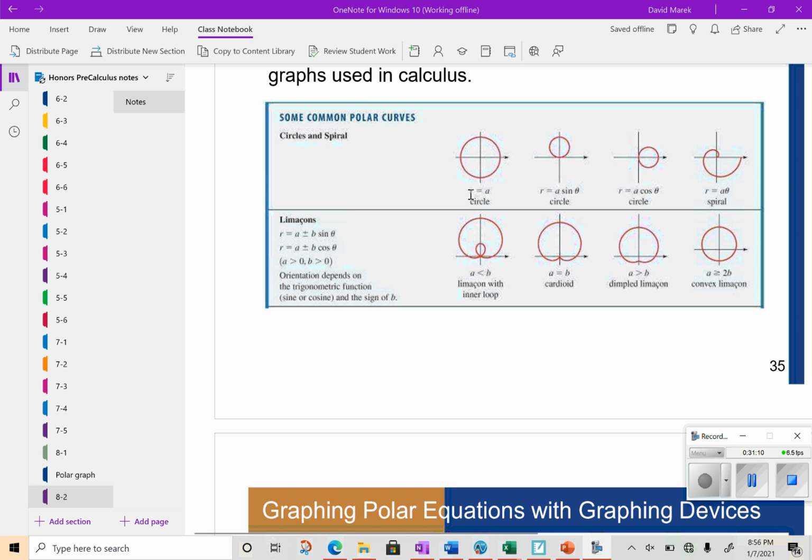So if it's just r is equal to a, yeah, that's a circle. We did that with r equals 3. And then we looked at a cosine function here where the center isn't at the pole, it's been moved over here. And for sine, it's going to look like this, where it's moved up somewhere here on the theta is equal to pi over 2 line.